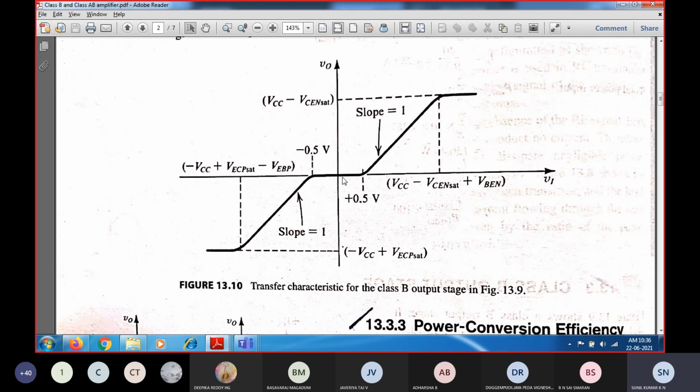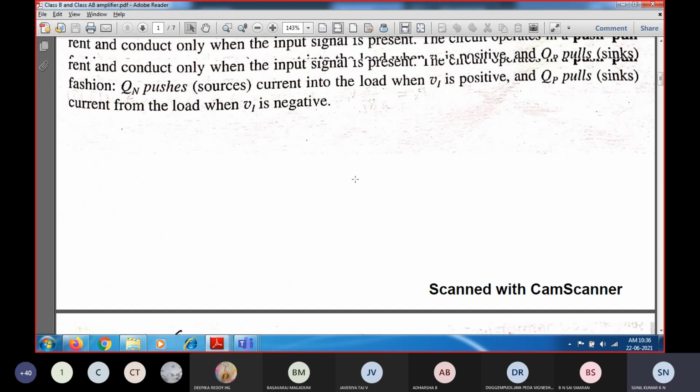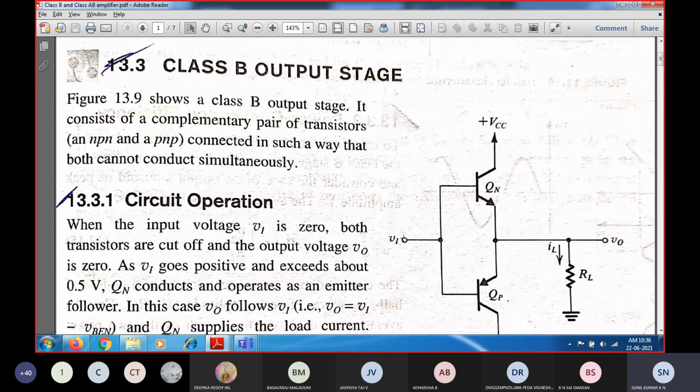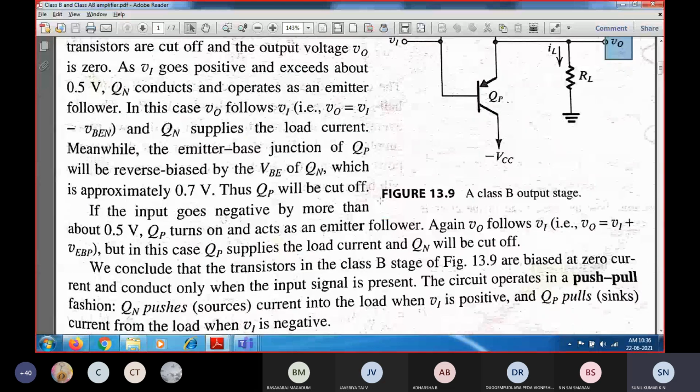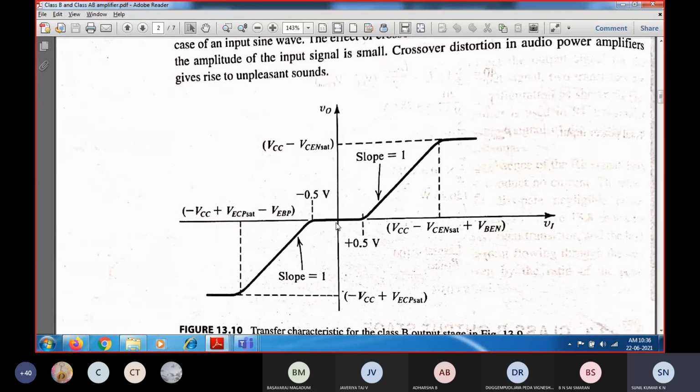You have to assume the complementary transistors. During the positive half cycle, this is the QN transistor, and this is the corresponding output voltage we have to consider. Whenever the input voltage is greater than 0.5 V, because this is the base to emitter voltage of QN, the transistor conducts.